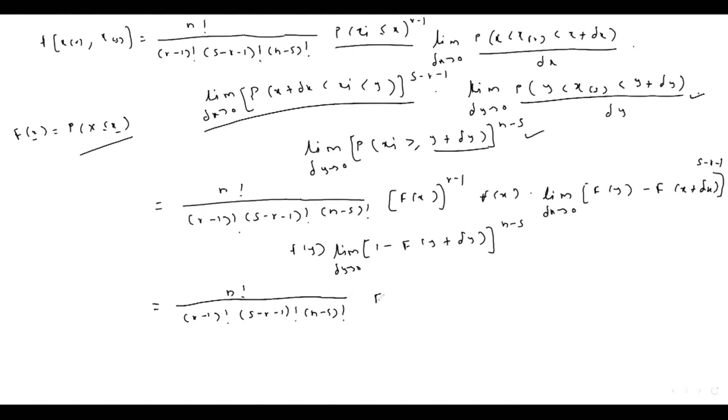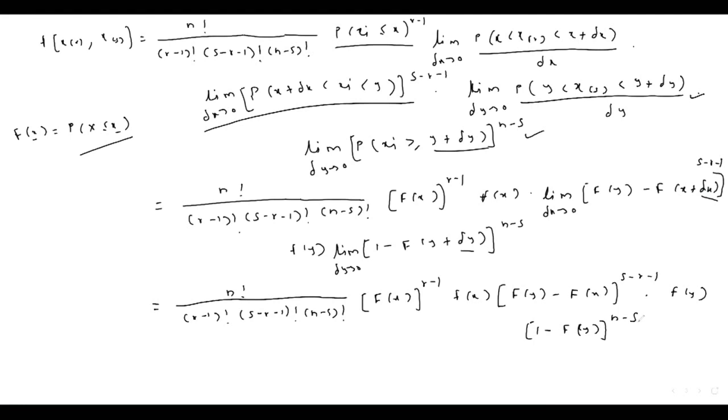Then next, as it is, because there is no simplification, capital F of x raised to power r minus 1, then small f of x, since delta x tends to 0 this value gives me 0, and hence I have F of y minus F of x raised to power s minus r minus 1, into this term f of y. And for the last term, since delta y tends to 0, I can put this as 0, and hence we get the last term as 1 minus F of y raised to power n minus s, simply.